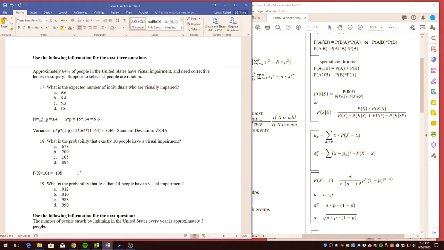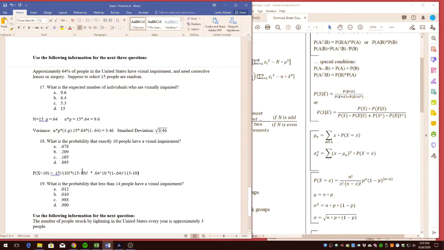So n factorial would be 15 factorial divided by x factorial, my x is 10, times n minus x factorial. Multiply that by the probability of success, right, p to the x power, so 0.64 to the 10th power, and then multiply that by 1 minus that probability of success, so 1 minus 0.64 to the power of n minus x.